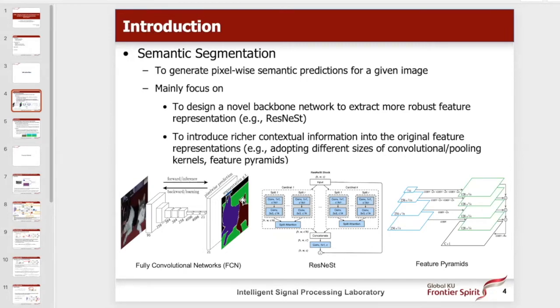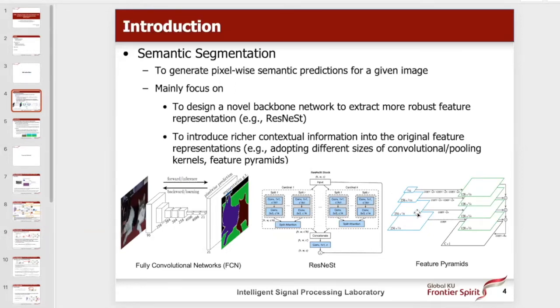And recent studies mainly focus on two issues to further boost the semantic segmentation performance. One is how to improve the encoder structure so that the model can extract a more robust representation for every pixel. Here is an example. This network tried to construct a dedicated structure to get a robust representation for the input.